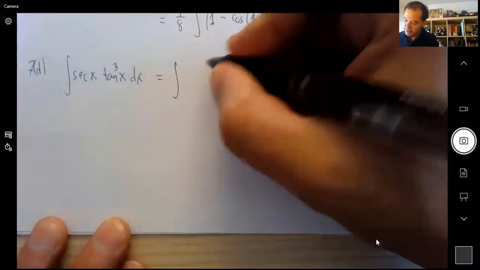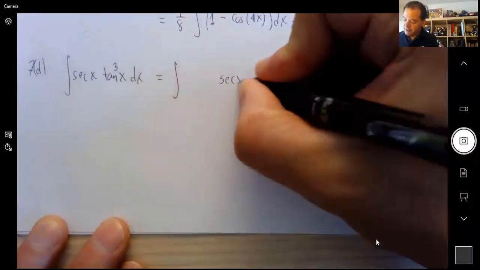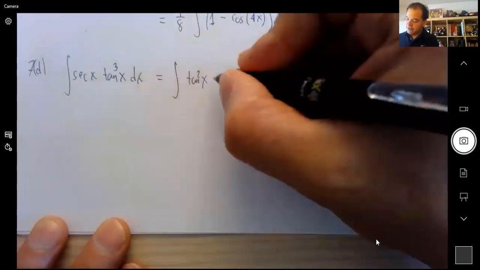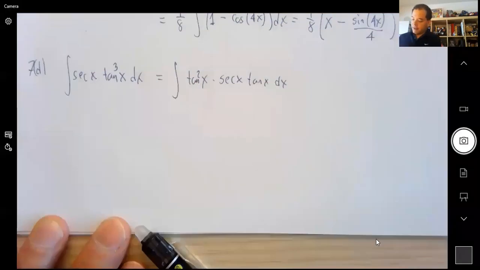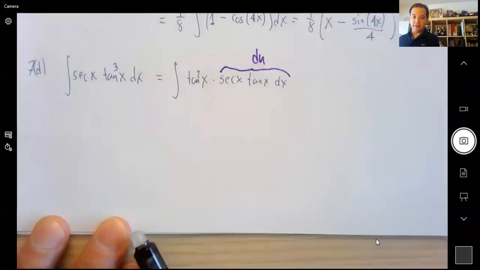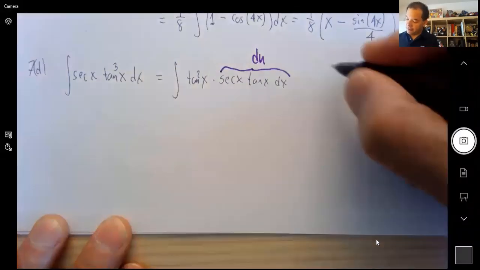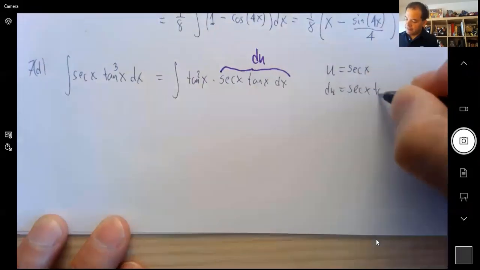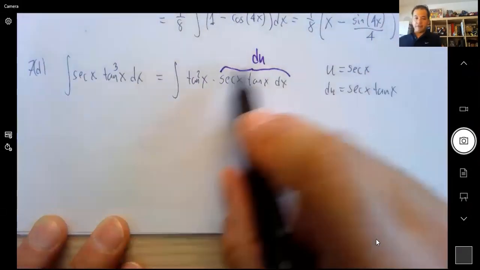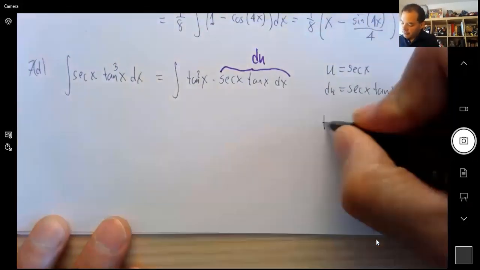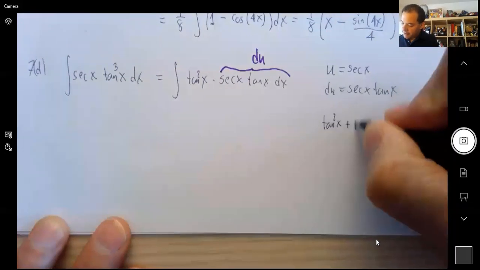We separate the secant tangent, secant x, tangent x, dx. Now what else do we have? We have a tangent square. And this suggests what the substitution should be. So we want this to be du. And we know that the derivative of secant is secant tangent, so that's what u is going to be. u will be secant, so then du is secant x tangent x. And then we're good with this part, but tangent square we can't change, so then we have to use the identity tangent square plus 1 equals secant square.